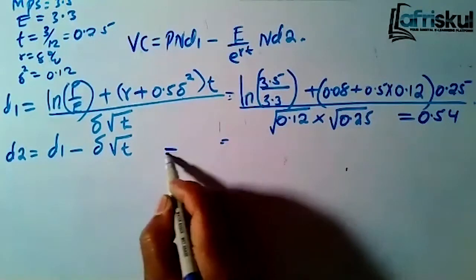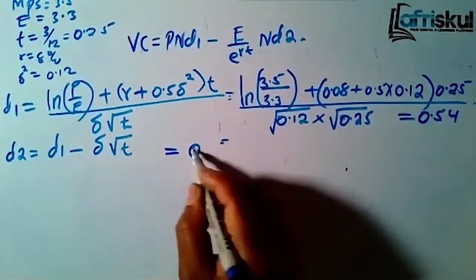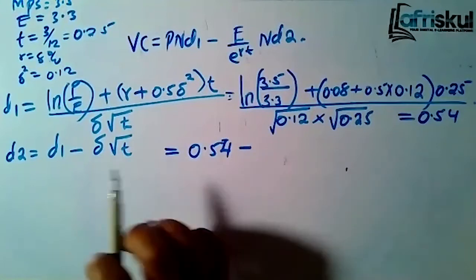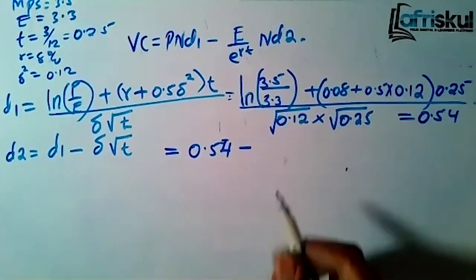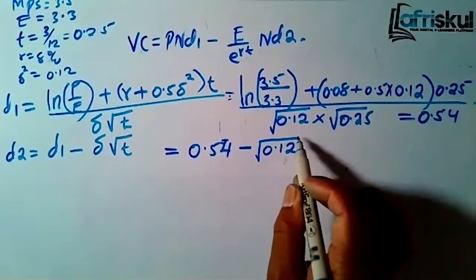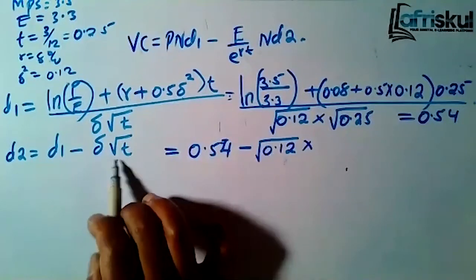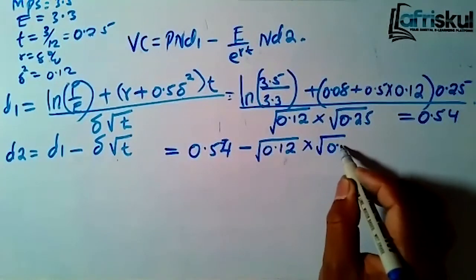Now let's go to d2. For d2, you take d1, which we have as 0.54, minus the standard deviation. It is 0.12, that was the variance, then you get the square root to get the standard deviation. Then you multiply by the square root of 0.25.